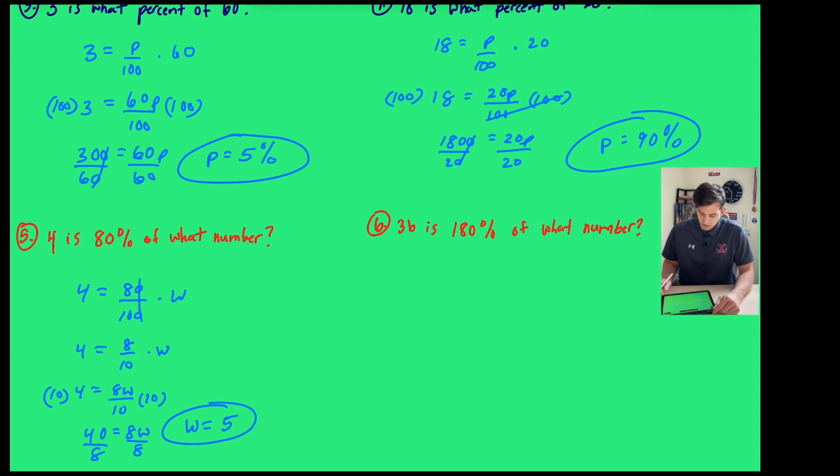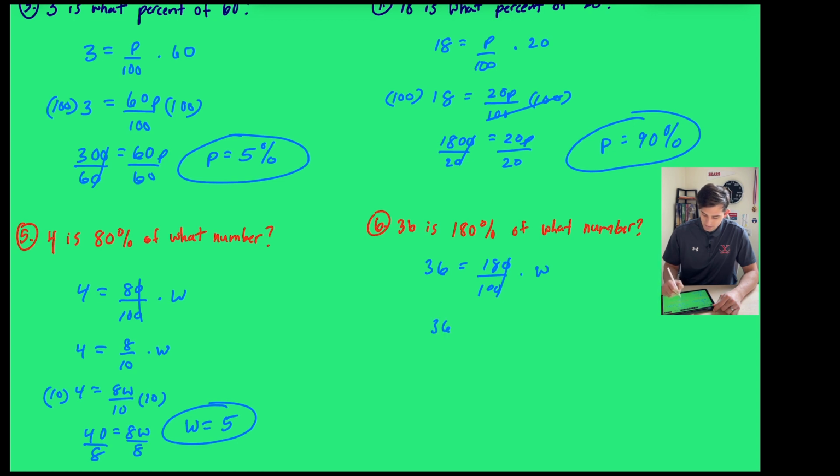All right. Our last example, 36 is 180% of what number? So this is the first example where we've had over 100%. So we should expect to see a number larger than 36 in this case. All right, so 36 is 180% of what number? Let's write our equation. 36 is equal to 180 over 100 times w. Once again, I see a couple zeros here that could cancel.